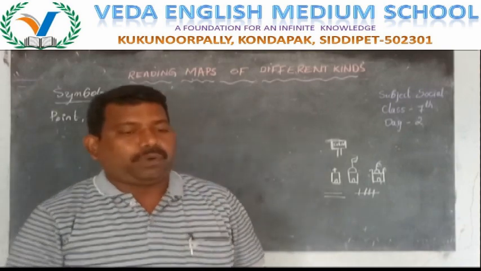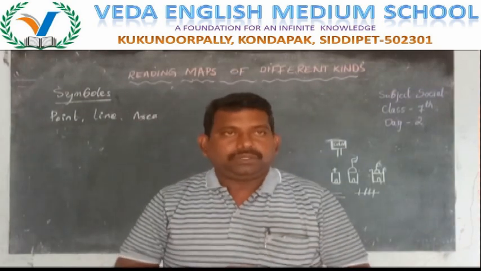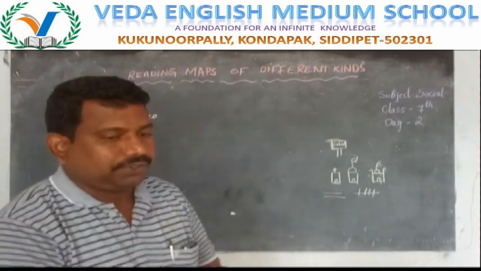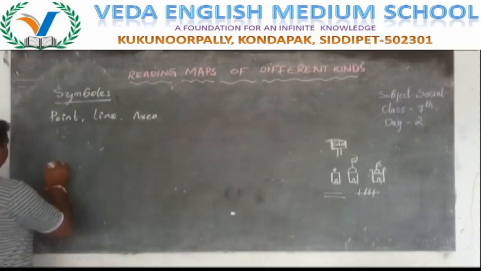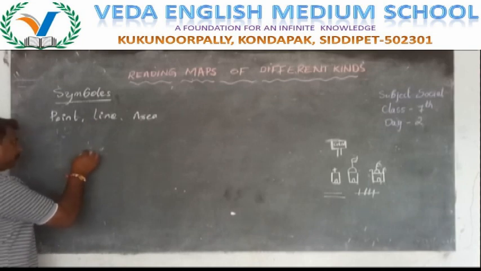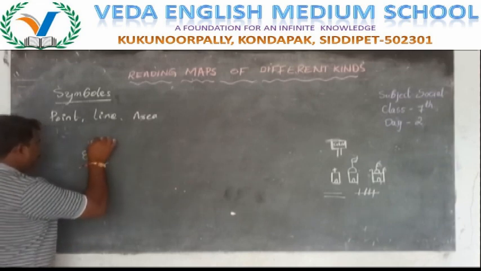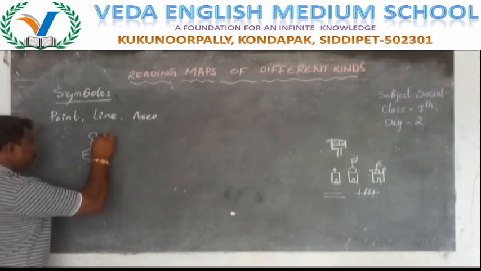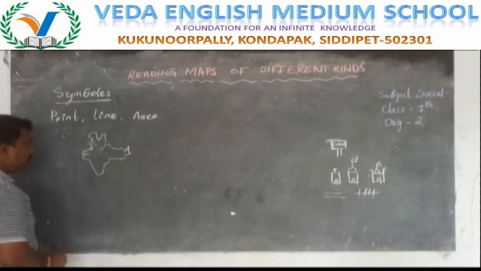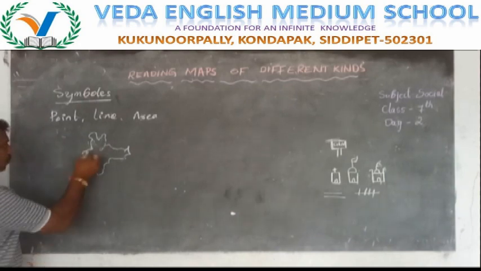So why do we use the point? When do we use the point? If we want to locate a place on the map, we use the point. For example, on the India map, if we want to show New Delhi, how do we locate Delhi?